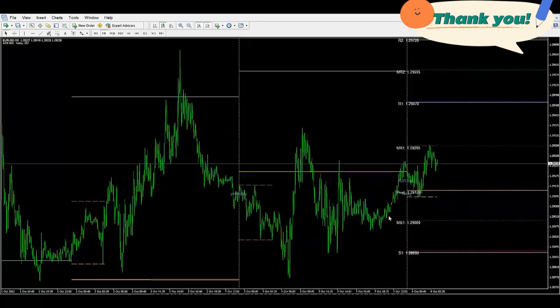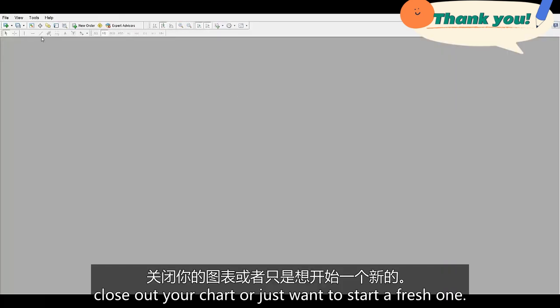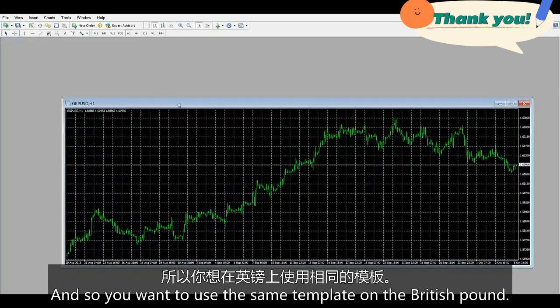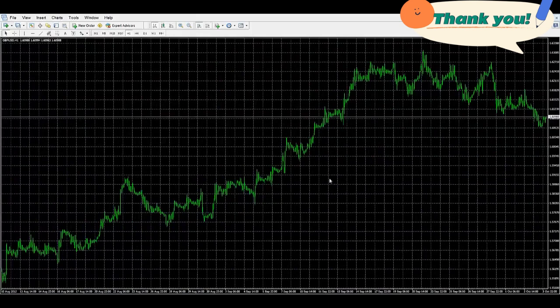Okay, now let's assume for a moment you close out your chart or just want to start a fresh one, and say you want to use the same template on the British pound.